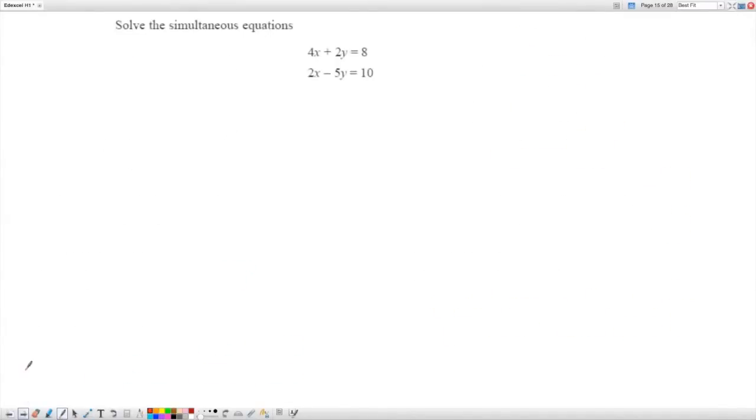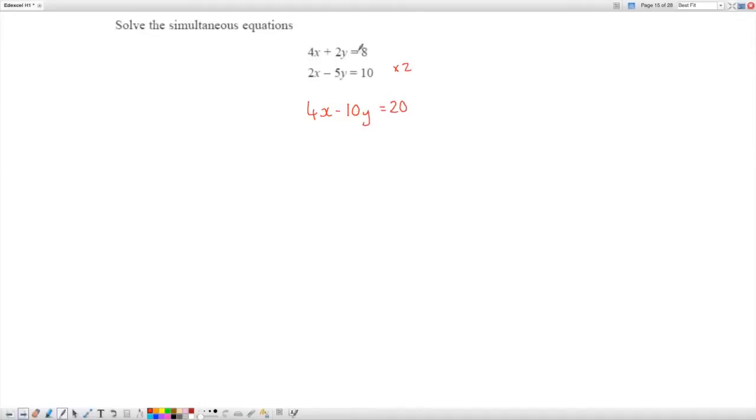Here we have a pair of simultaneous equations to solve. Our first step is to make one of the variables, either x or y, the same. Looking here, we can see we have 4x and 2x. So we can simply multiply this through by 2: 4x minus 10y equals 20.